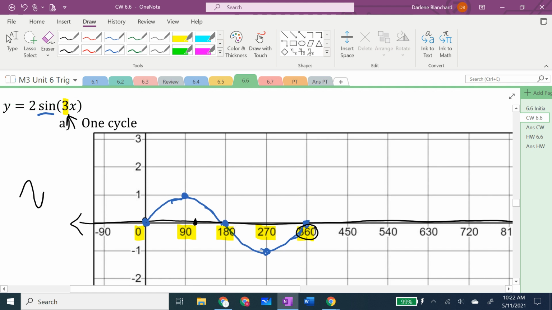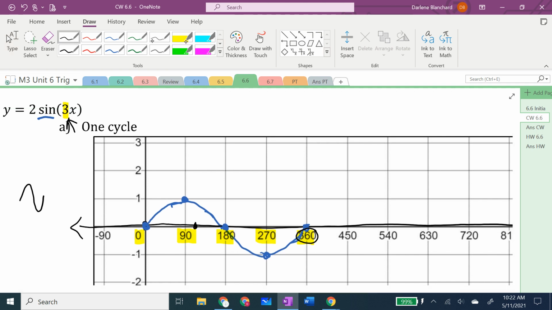In the meantime, I am multiplying outside the trig function by a 2. That means the y coordinates of 1, 0, and -1 are going to be multiplied by 2.